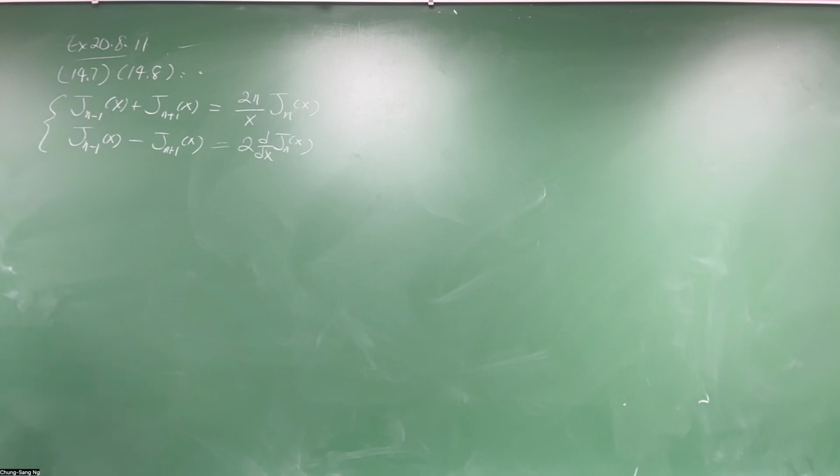There's also this, assuming n is an integer. For integer n, the Bessel function has the property that the negative n and positive n are not linearly independent.